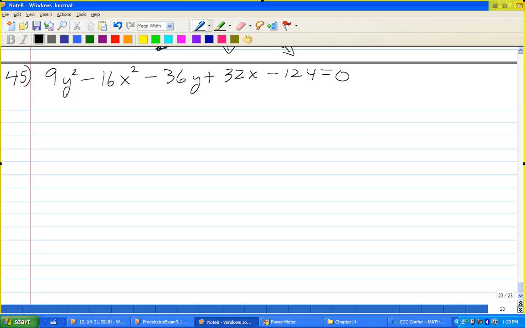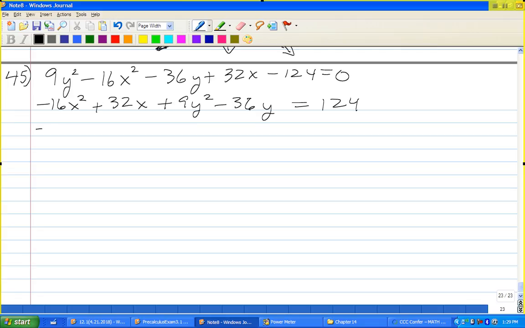So let's do negative 16x squared plus 32x plus 9y squared minus 36y equals 124. Just grouping all the x's and y's together and bringing the constant term over to the right-hand side of the equation by adding 124 to both sides of your equation.